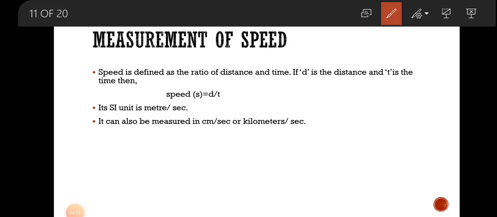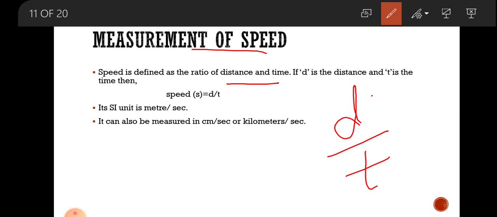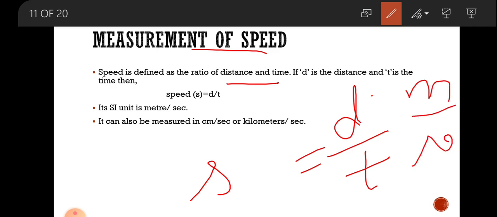Now we proceed to our next topic, the measurement of speed. Speed is defined as the ratio of distance and time. If the distance is d and the time taken is t, then dividing d by t gives speed, which is represented by s. Since the unit of distance is meter and the unit of time is second, the unit of speed is meter per second.